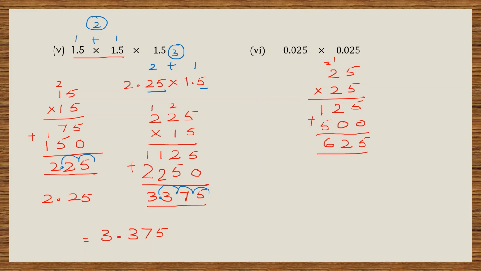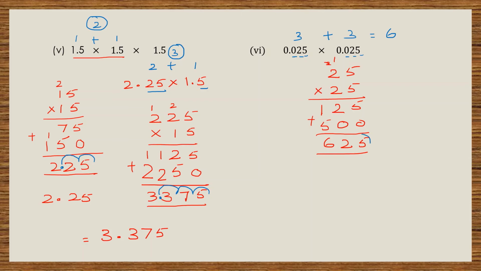So 625. Now for the decimal point. 1, 2, 3. 3 places here. 1, 2, 3. 3 places here. 3 plus 3 is 6. So your answer must have 6 decimal places.